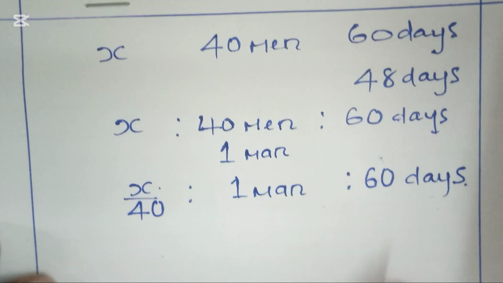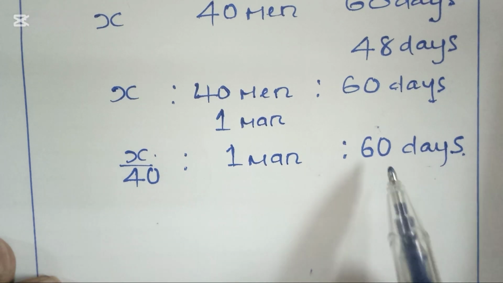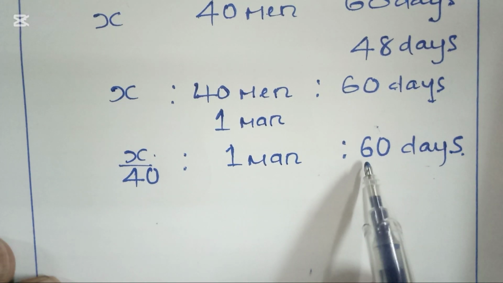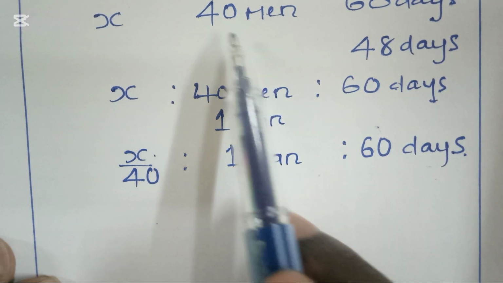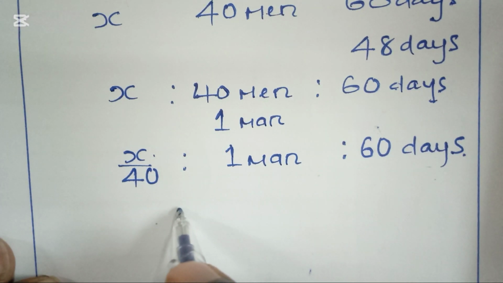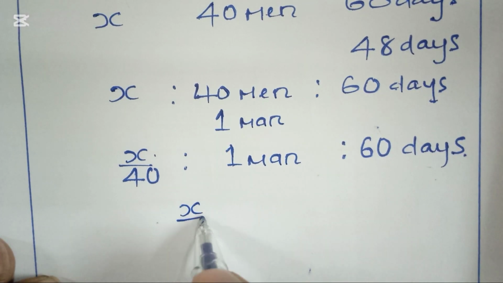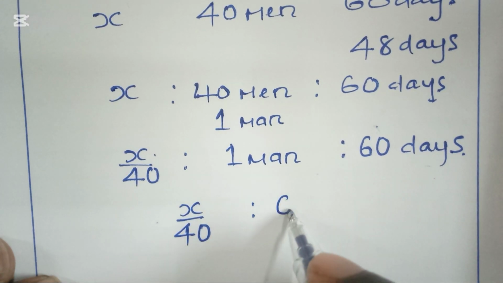Now we check: we are talking of 60 days, and each day has 9 hours according to what we had said about the 40 men. So X all over 40 is the work done by one man for 60 days.